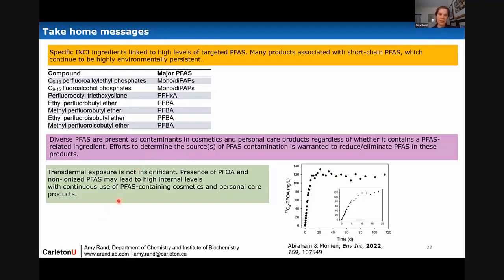And then the final message is that transdermal exposure is not insignificant. The fact that PFOA, and potentially even more so non-ionized PFAS, lead to high internal levels with continuous use of PFAS-containing cosmetics and personal care products is something that should not, of course, be ignored.